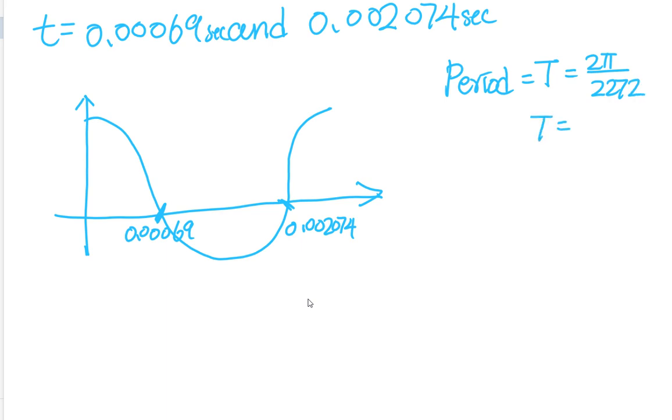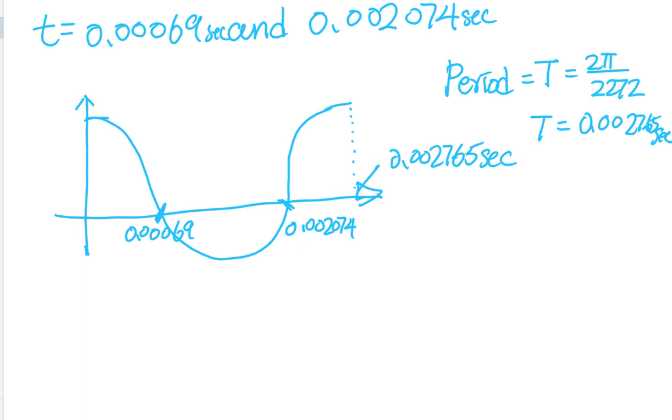Which gives us 0.002765 second. So that means it completes 1 period, so this particular point here is 0.002765 second.